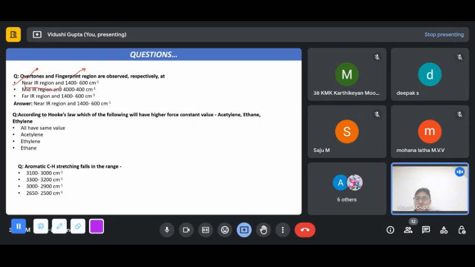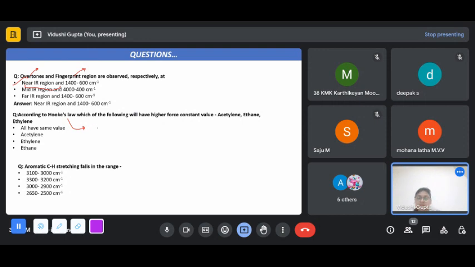So the next question is, according to Hooke's law, which of the following will have higher force constant value out of acetylene, ethane, and ethylene? So what is Hooke's law? F is equal to minus kx.